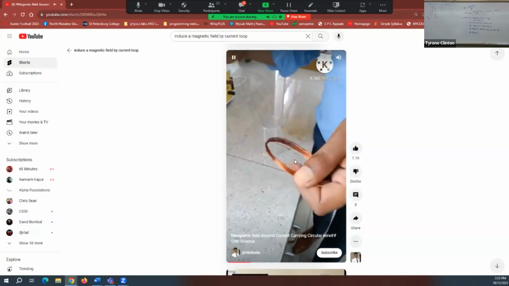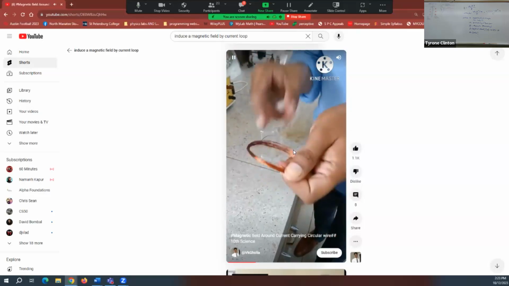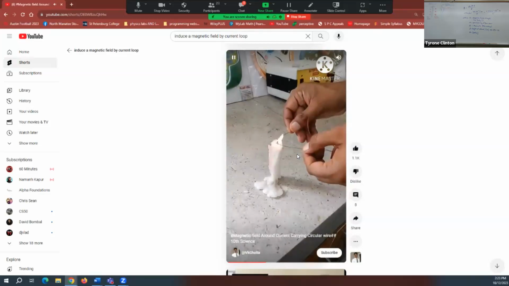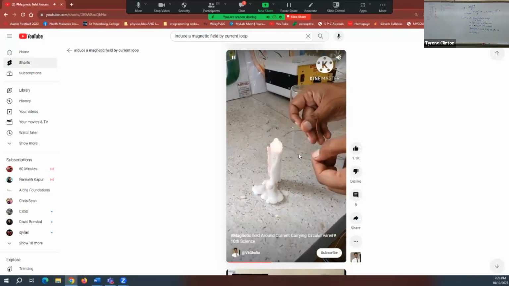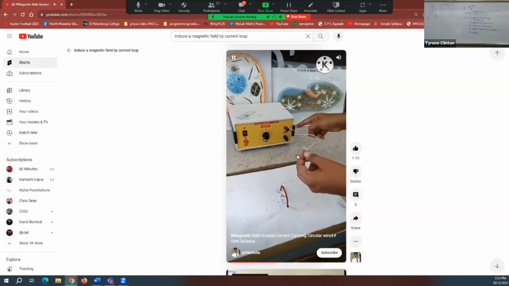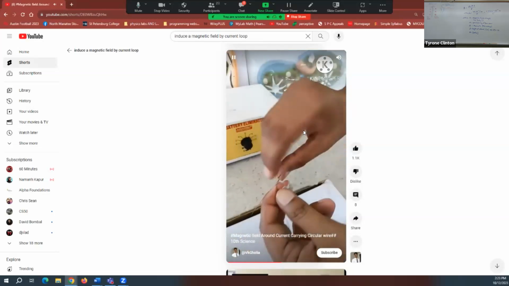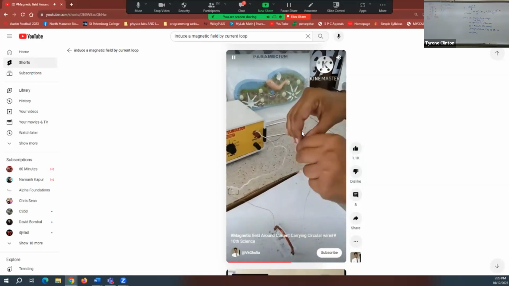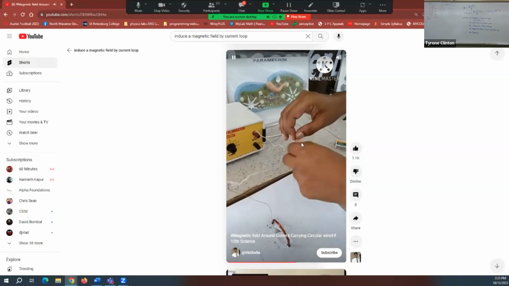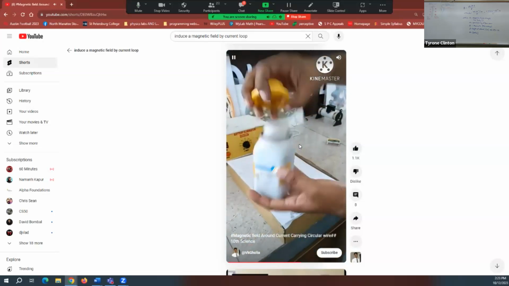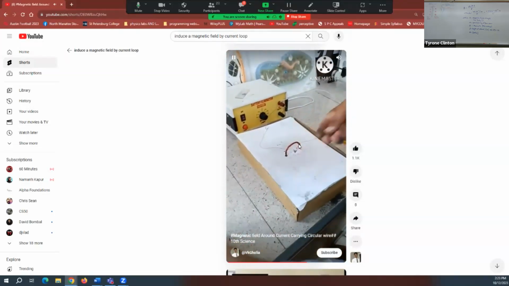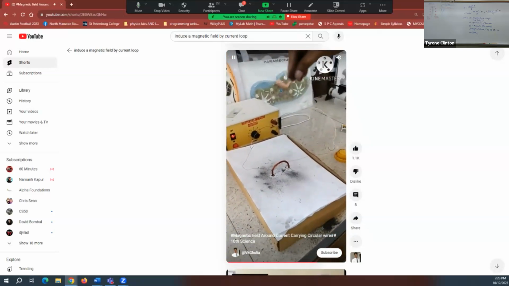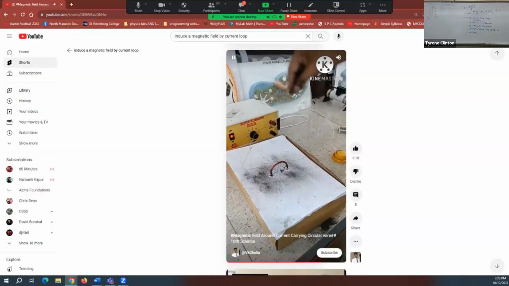It creates a coil. Gonna place the wire here, like on the top of it. So we're gonna place it on some kind of power source to produce the current through, and it's gonna take some iron specks, showing you how this magnetic field is produced.